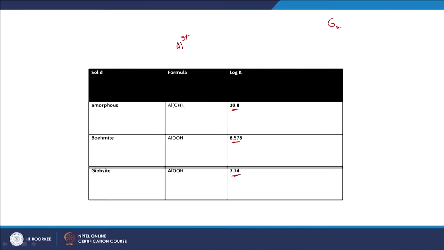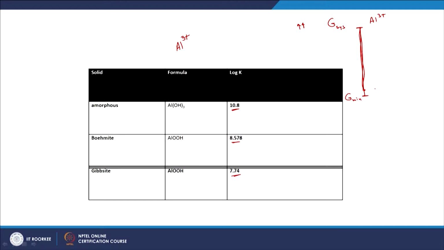Let us say initially the Gibbs energy of the system when I added Al3+ is relatively high, and it wants to travel down the ladder, it wants to reach equilibrium, as in the Gibbs energy of the system needs to keep falling. Let us say this is the minimum Gibbs energy of the system that is possible. This is just for your nomenclature. Initially we are here and this is the minimum feasible for that particular mixture.